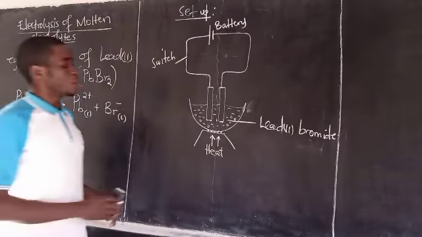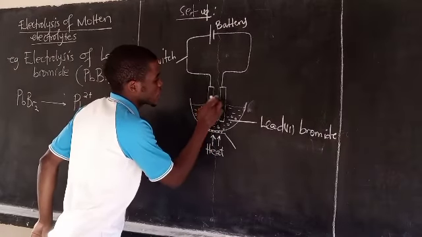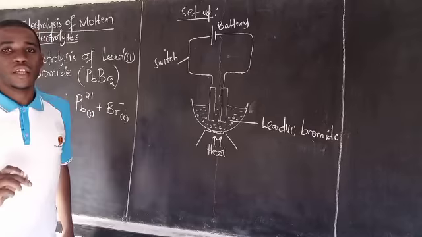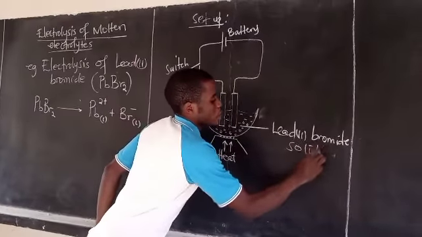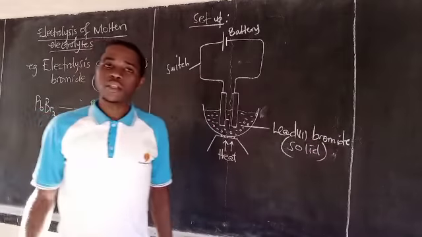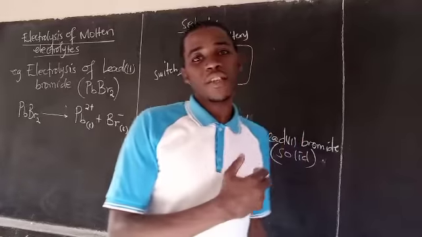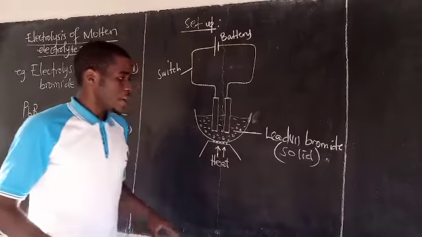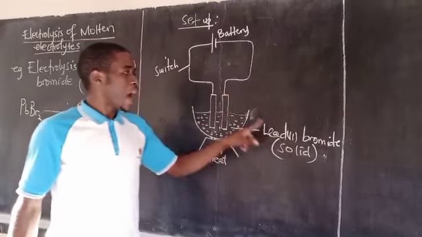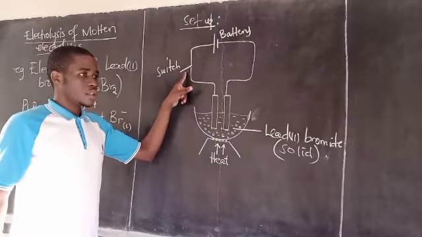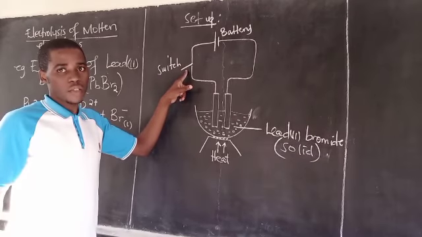If it is not molten and it is crystalline, you have just dipped these electrodes in the solid lead bromide. What do you expect to see? What do you expect in the experiment? If this lead bromide is used and you complete the circuit, there will not be any movement of electricity.